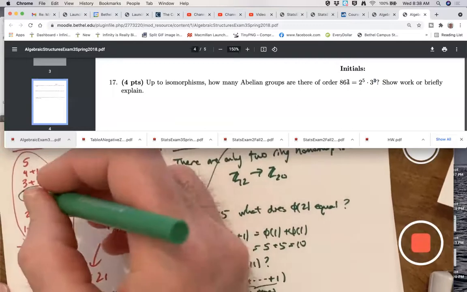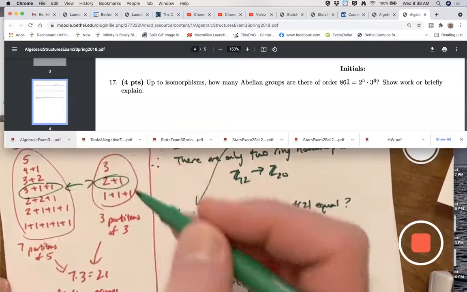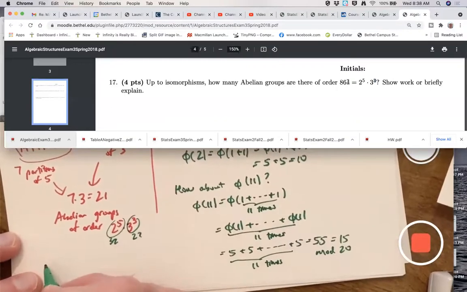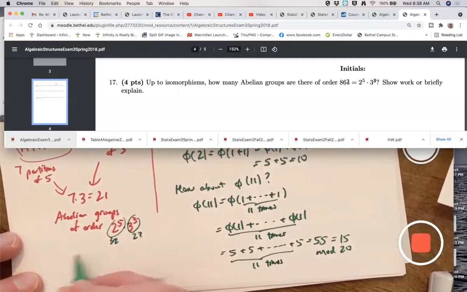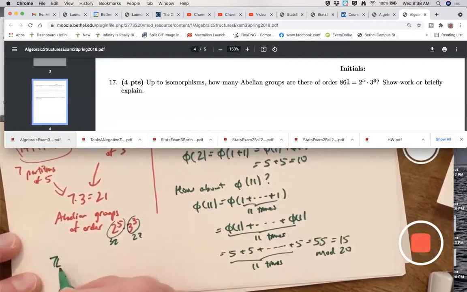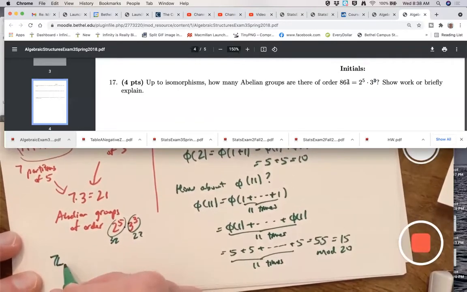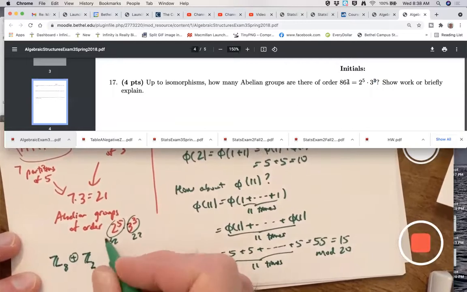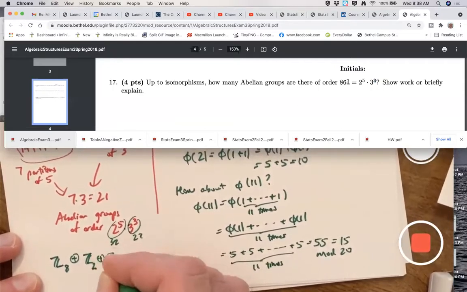For the partition 3 plus 1 plus 1, a group of order 32 that corresponds to that partition would be Z sub 2 cubed, which is 8, external direct product with Z sub 2 to the 1st, external direct product with Z sub 2 to the 1st.